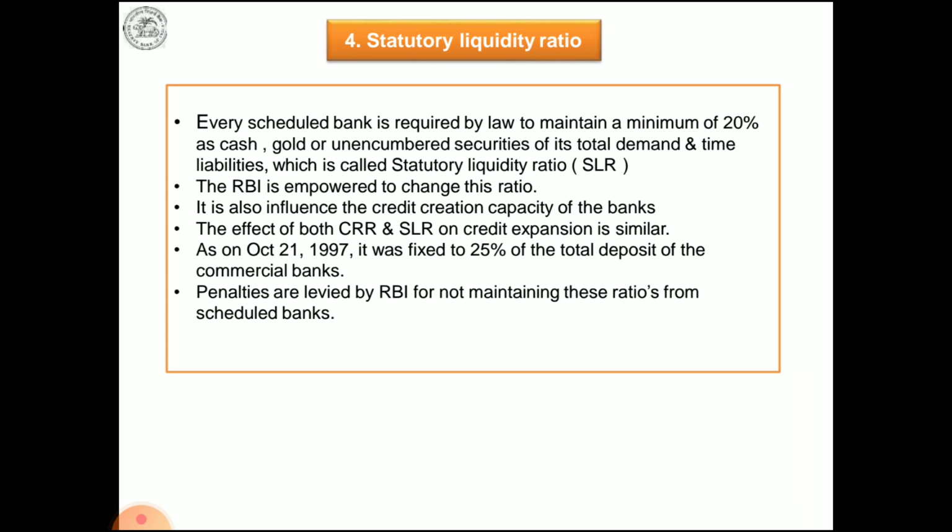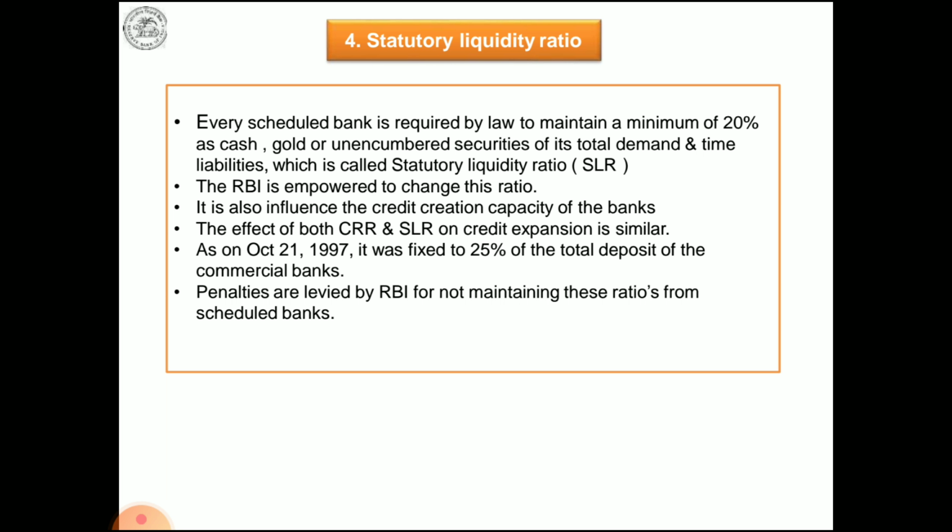Every bank has to maintain these securities, gold or other assets against total demand or time liabilities, that is, short-term liabilities, as reserves. Generally they have to keep a minimum of 20%, and they can increase this, but below 20% they cannot go. They can increase it to 21, 23, 24 depending on the inflation and deflation process.